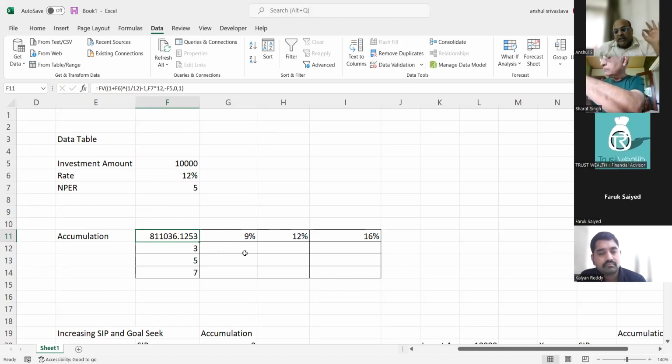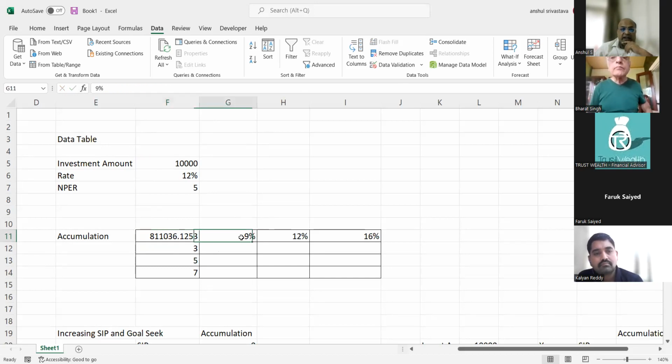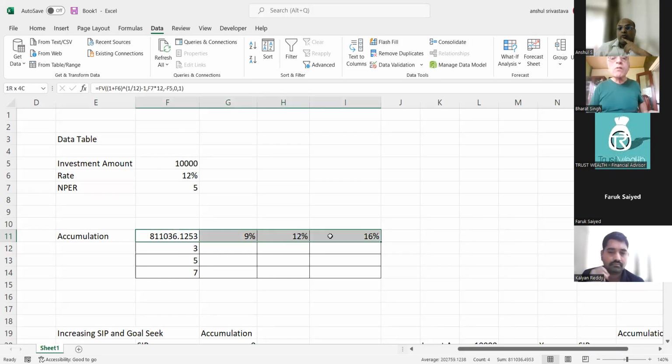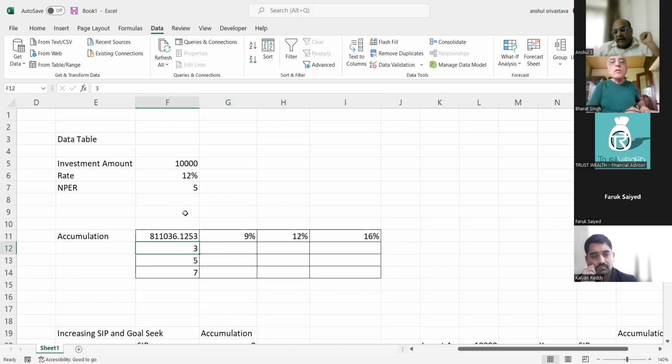Now we wanted to check 3 scenarios. कि what if I invest 12% की जगह 9%, 12% and 16%? ये जो result है, इसी की same row में we have taken 9, 12 and 16%. So this is called row input because it is in the same row as the result. And column input में in the same column we have taken time period to be 3, 5 and 7. ये दोनों ले लिया कि अगर हम 5 साल की जगह 3 साल इन्वेस्ट करें या 5 years या 7 years.